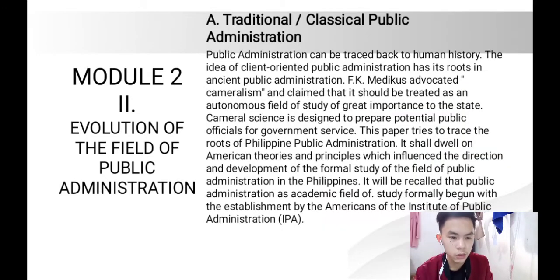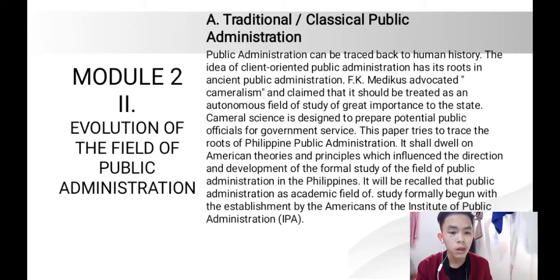This paper tries to trace the roots of Philippine public administration. It shall dwell on American theories and principles which influenced the direction and development of formal duties and the field of public administration in the Philippines.